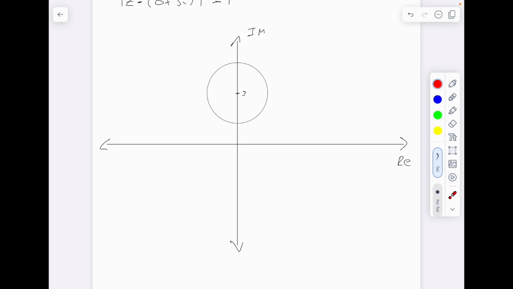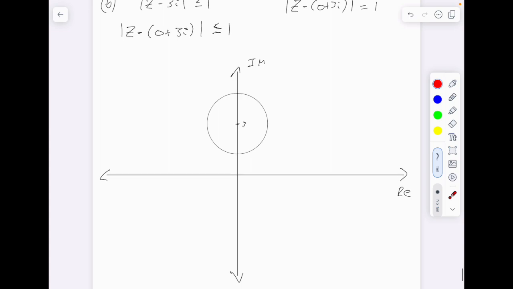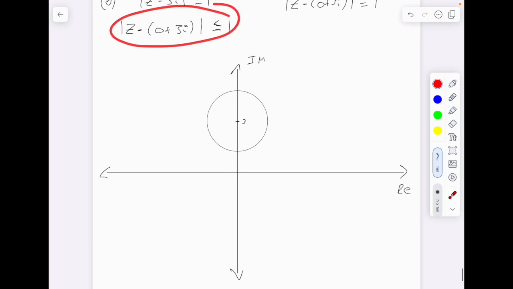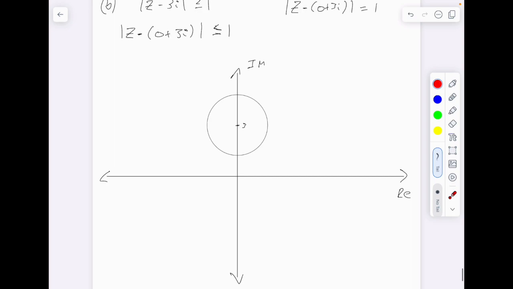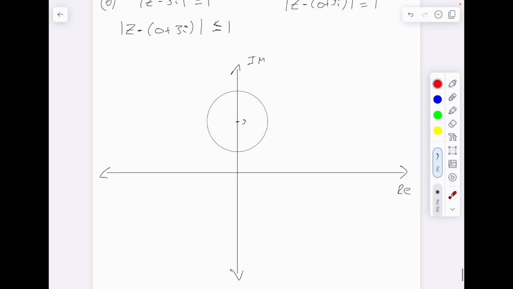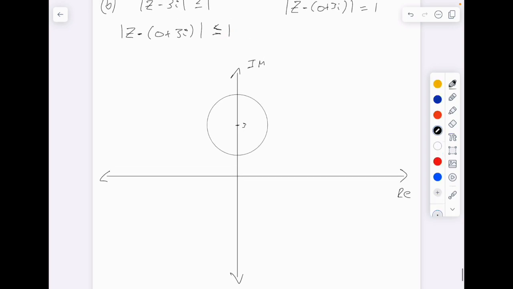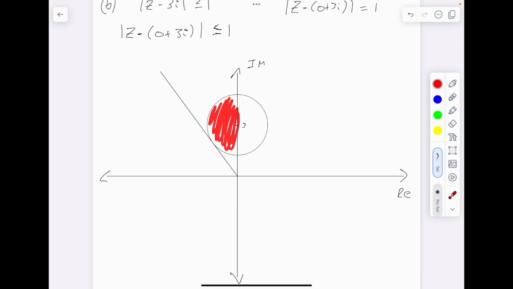Now the second condition here is that this has to be satisfied. Well then essentially what we're going to get is some kind of angle here, because it's going to be everything within the semicircle, right?